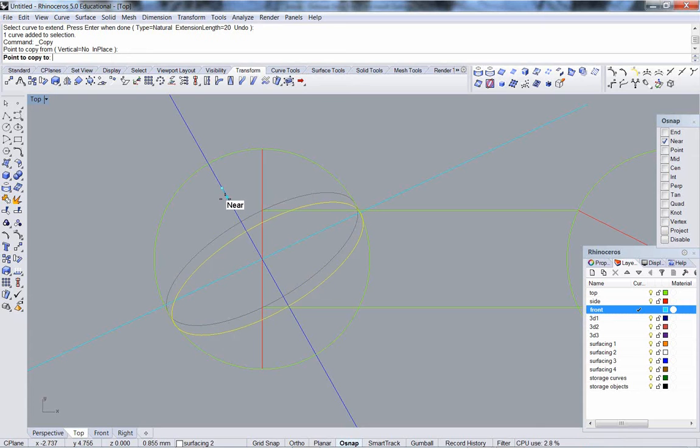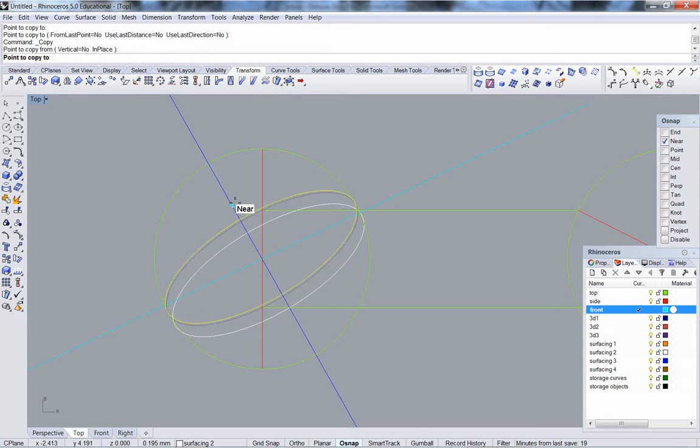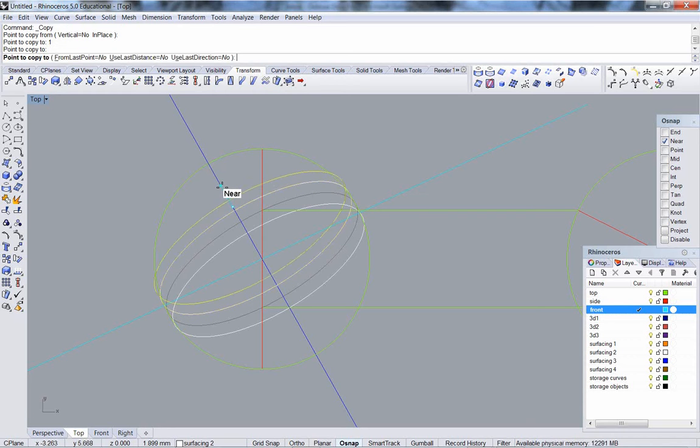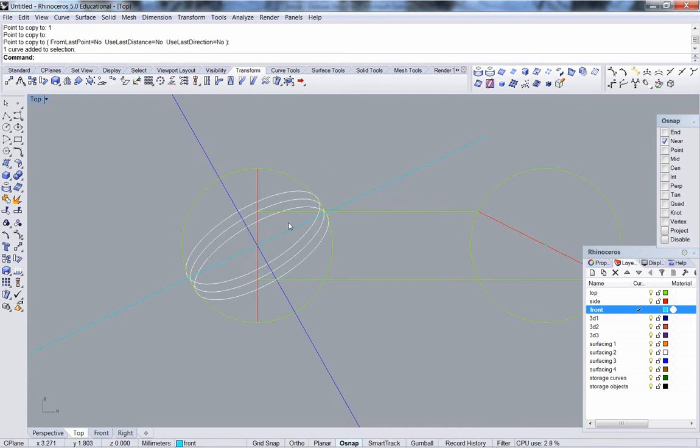Just line up the dots and slide it along. I'll slide it 1 millimeter. And another 1 millimeter in the other direction. And as long as I stay lined up on this slide like a trombone, I'm in good shape.